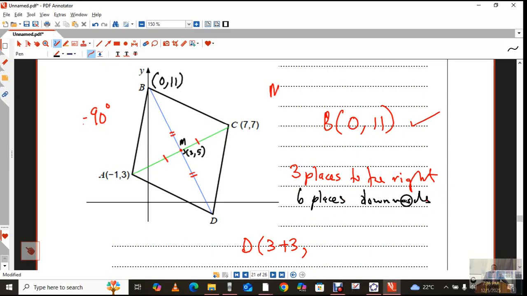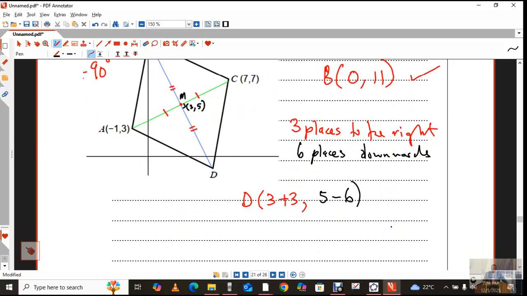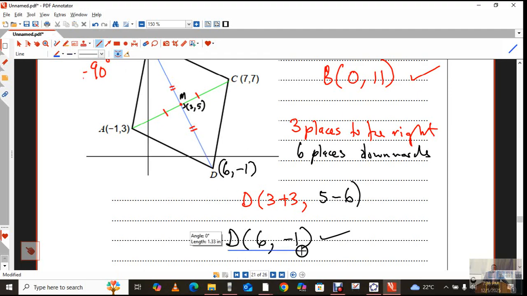That means whatever my y value is at the midpoint, I'm going to minus 6. Therefore, the point D is (6, -1). There you go. It is straightforward. There are many ways, but there's no need. Just use the diagram. Work from the midpoint. That is D, and that is the B coordinates.